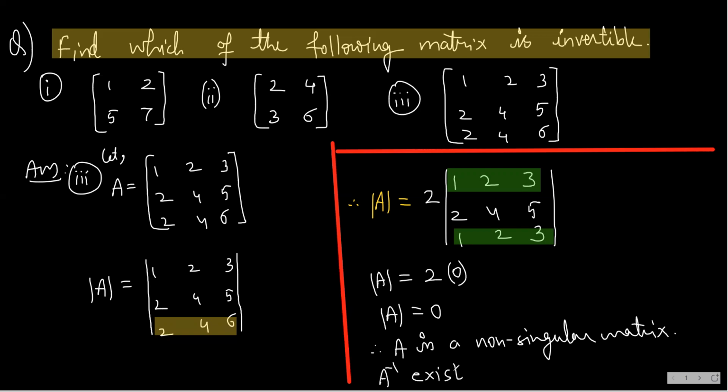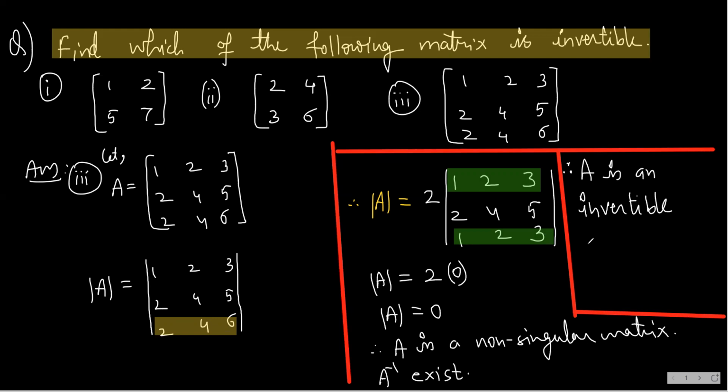You can find A inverse. And if A inverse exists, what you say? You say A is an invertible matrix. You write here, therefore, A is an invertible matrix.